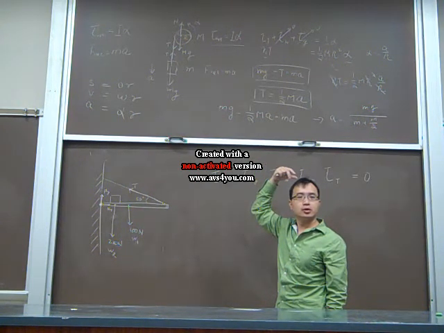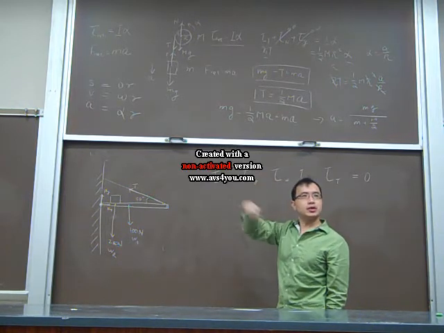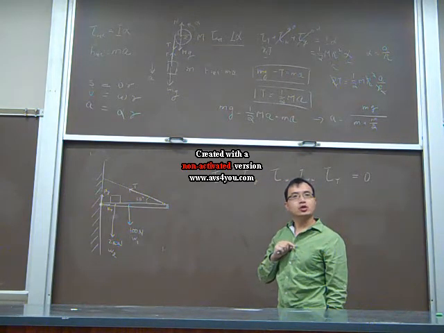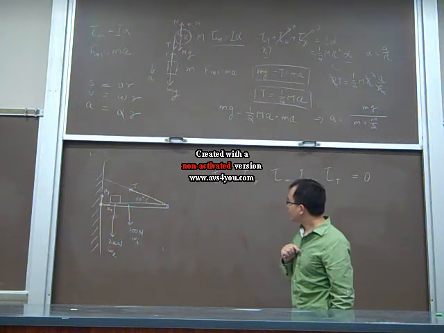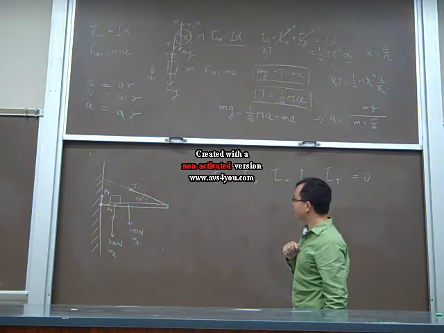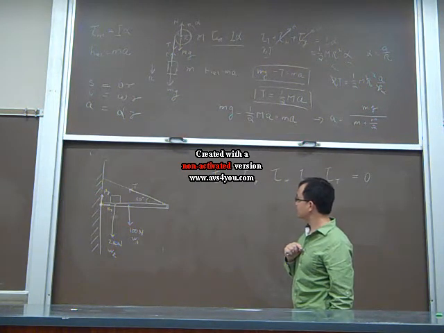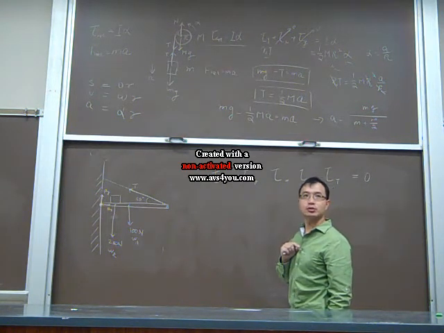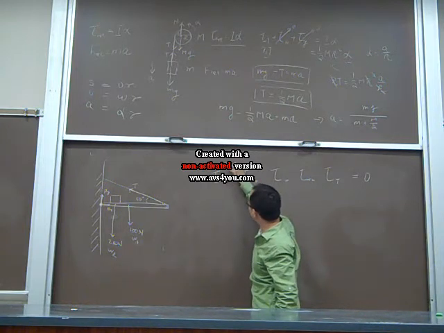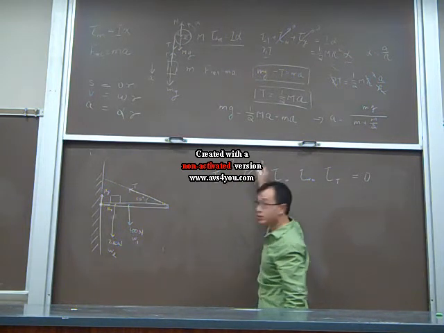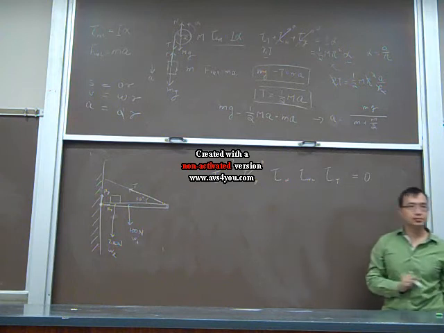If the force goes through the center of rotation, the torque will be 0. Is any force going through the center of the rotation? How many forces go through the center of the rotation? 2. So the torque produced by this and by this will be 0.